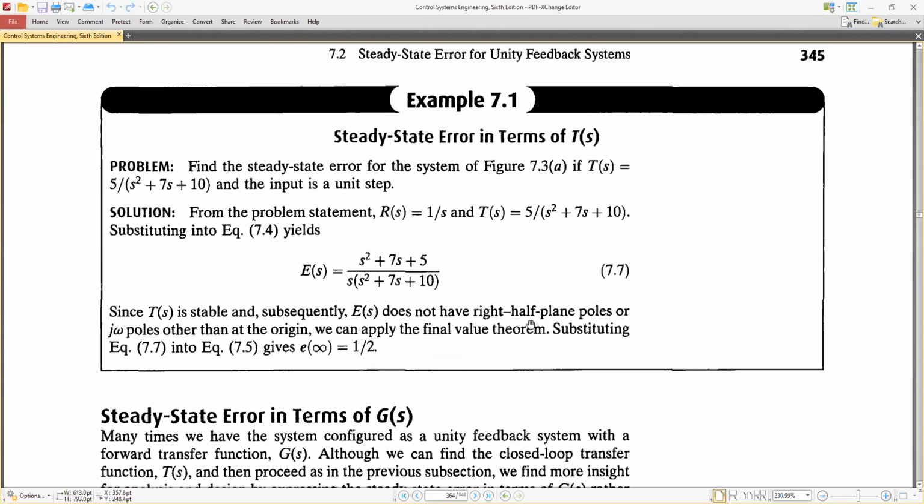Okay, let's look at the example. Find the steady state error for the system of figure 7.3a in terms of T(s). Let me look at the figure.